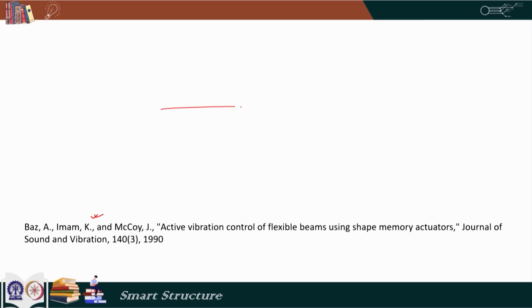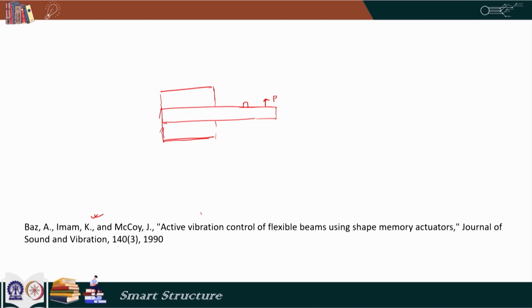In this paper the system is a little different from the paper that we saw before. Here we have a beam and there are two parallel shape memory alloy rods connected to the beam, and this entire beam is vibrating under the action of some load, and there are some sensors which sense the displacement and velocity of the beam.